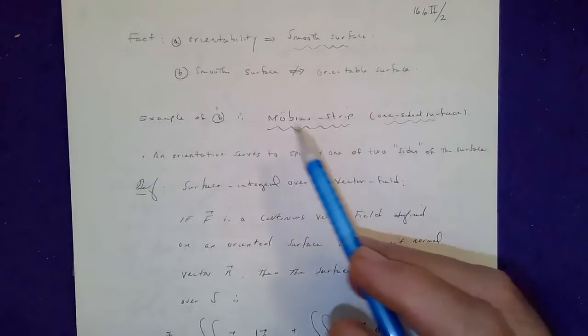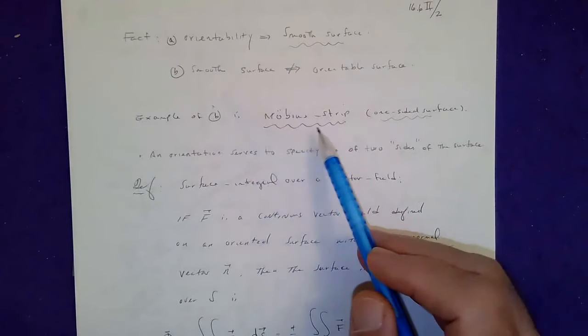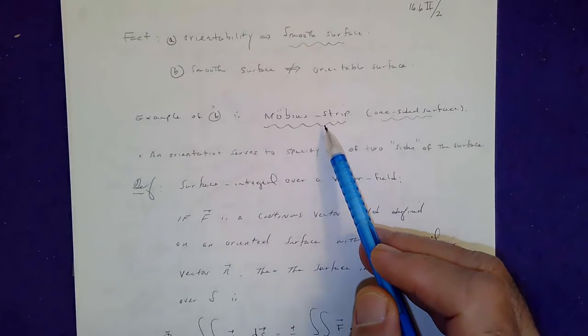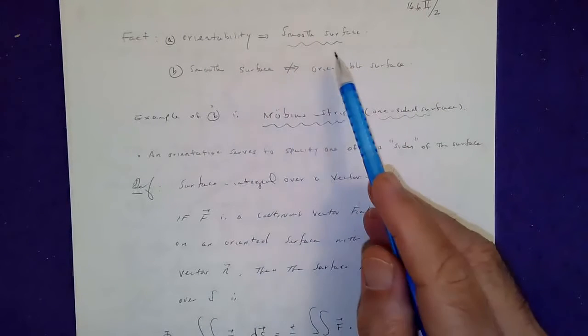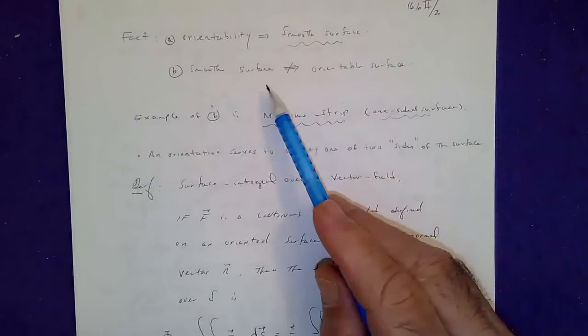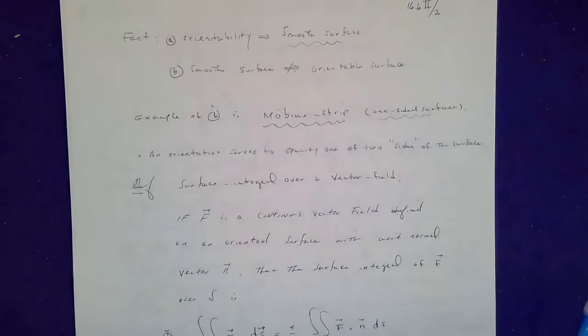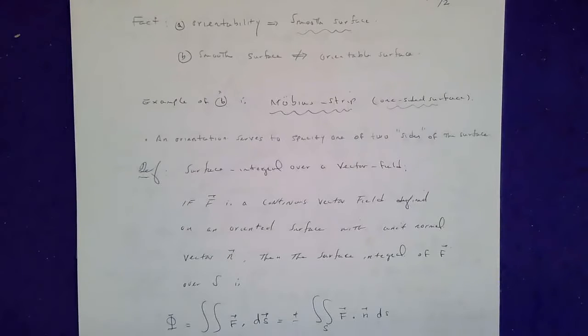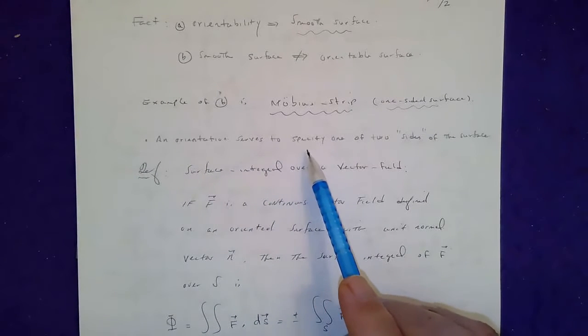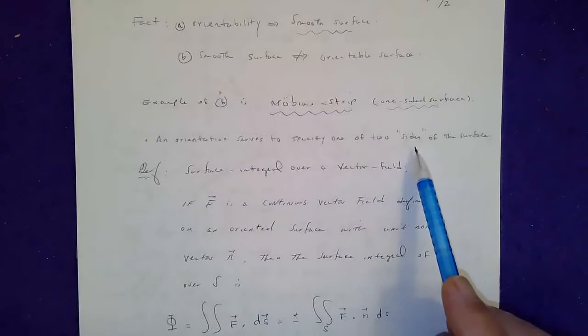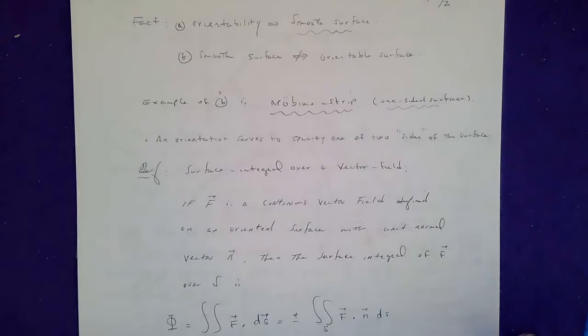So this is an example of a smooth surface, but not necessarily orientable. So an orientable surface implies smoothness, but smooth surfaces do not necessarily imply orientable surfaces. And orientation serves to specify one of the two sides of the surface, yes?